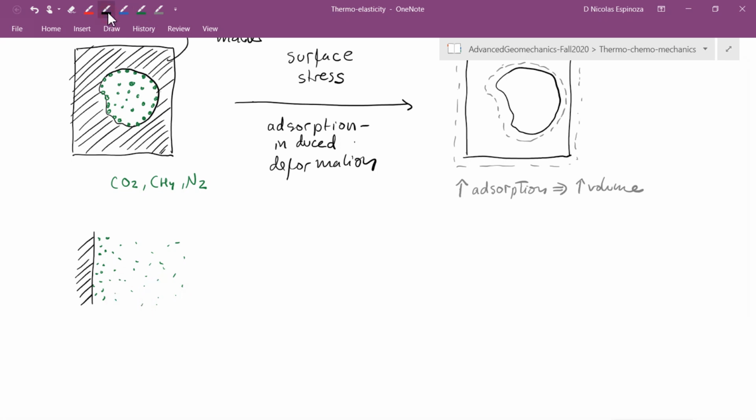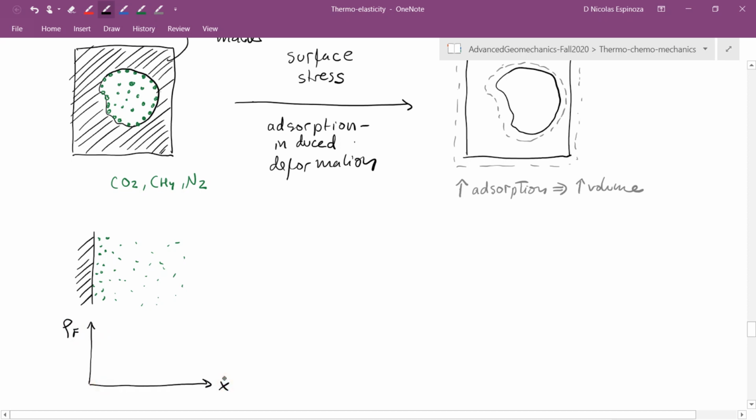So in this case, we could calculate and measure the density of that fluid phase, and it's going to depend on the distance from the surface. It is going to be the highest next to the surface, and it's going to tend to the bulk conditions as you get further away from the surface.